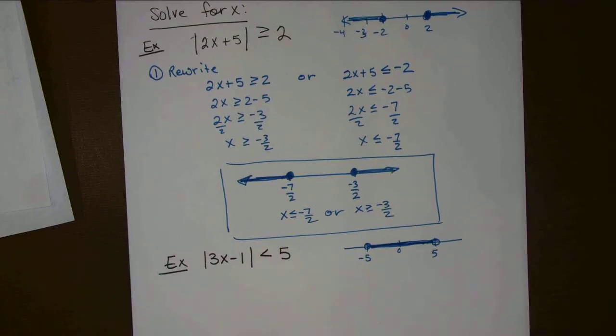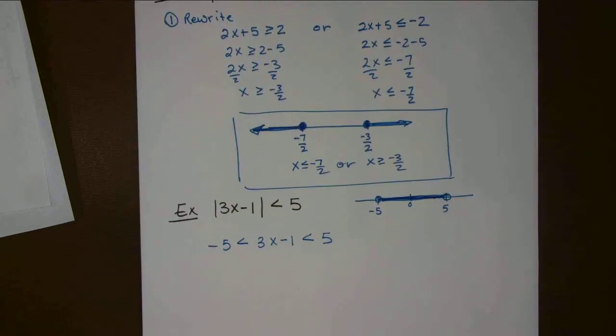Okay, so how do we set up this equation? Well, this is saying that 3x minus 1 is in between 5 and minus 5. So we can't solve it like that. We have to set it up with an and in between. So what I would do is say this is minus 5 is less than 3x minus 1, and 3x minus 1 is less than 5.